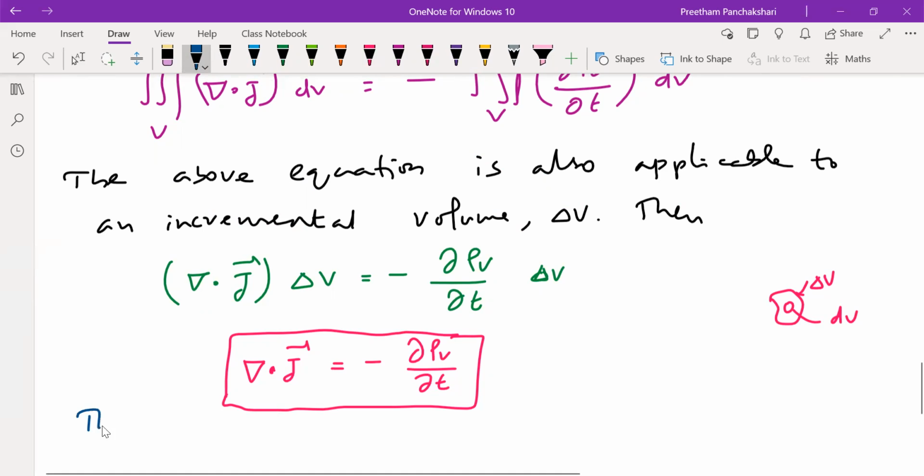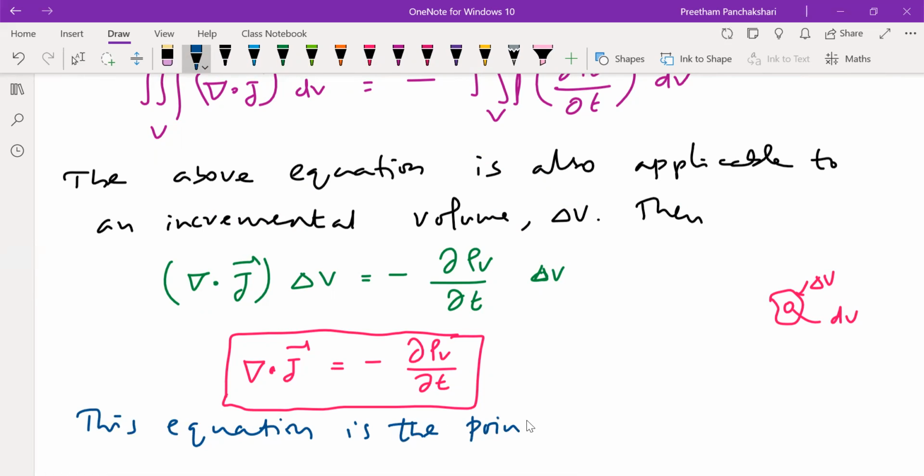So this equation is the point form, or differential form.